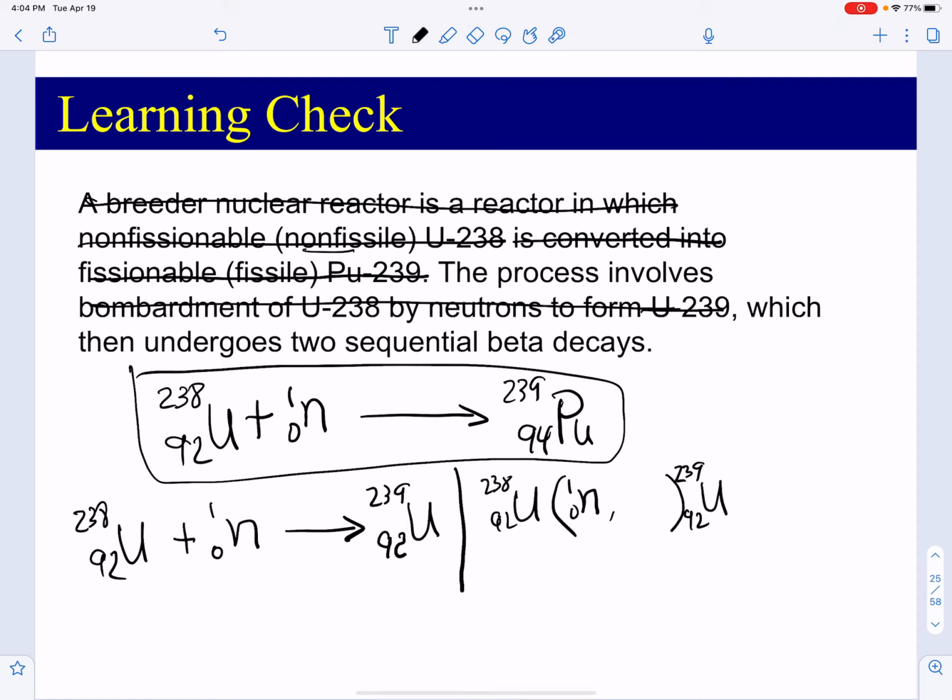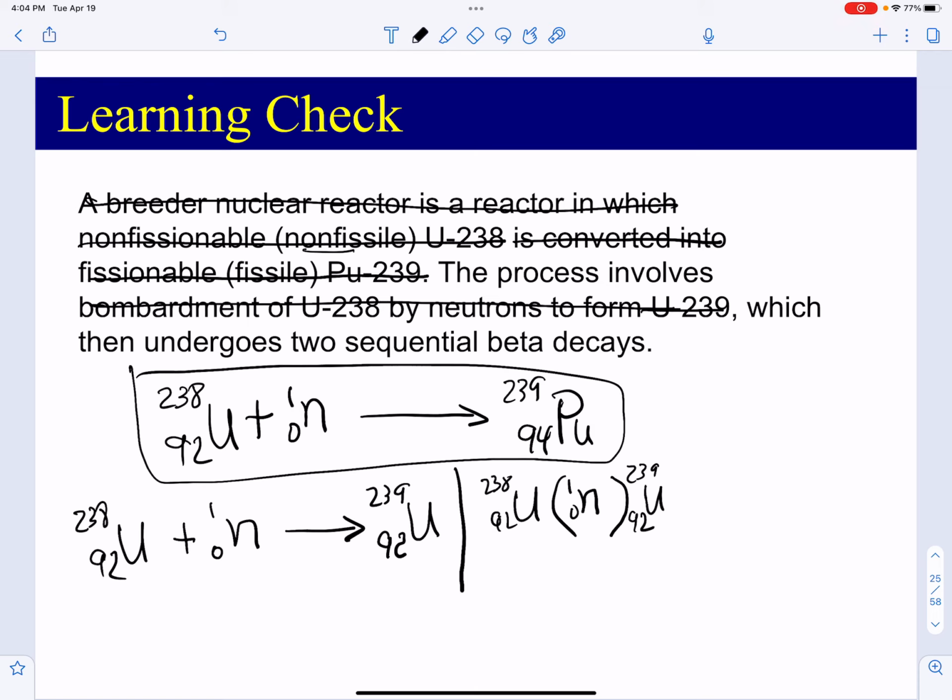And there's nothing in there, so I'm just going to change that to uranium-239, 92. So bombardment with a neutron produces that.